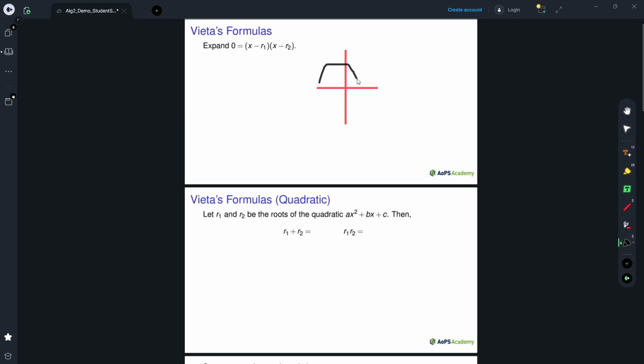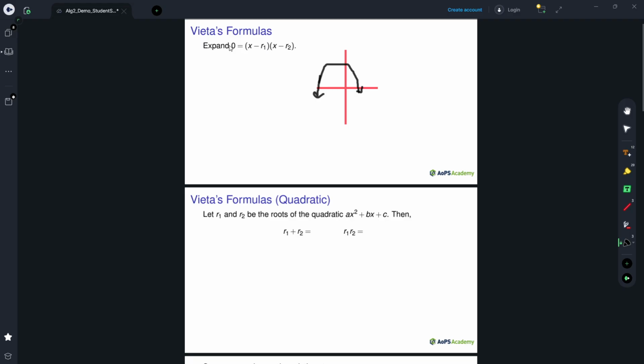So let's take a look at this graph. This is my quadratic equation, and it's also known as a parabola. So if I set y equals x minus r1, x minus r2, this could be one of the graphs that depicts that.